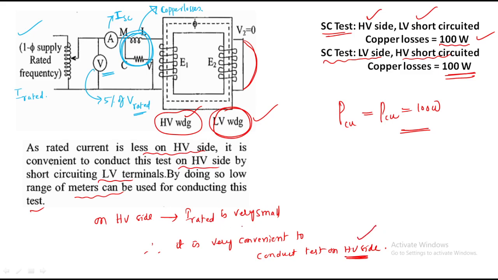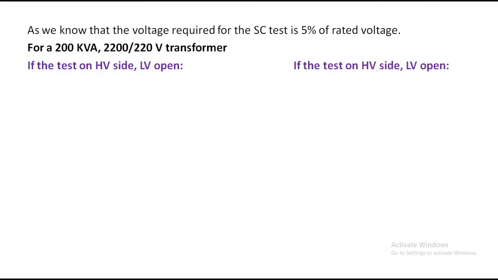Then how do we get a very small amount of current on the HV side? For that, I would like to consider one example. A very small amount of current is needed to conduct the test. As we know, the voltage required for the short circuit test is 5% of rated voltage. These are the nameplate details of a transformer.